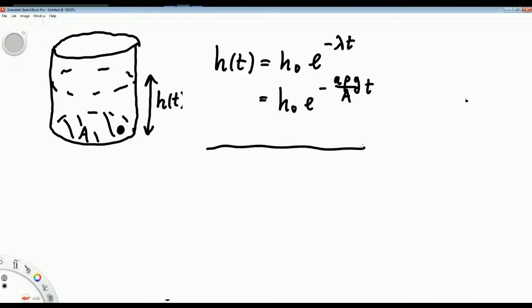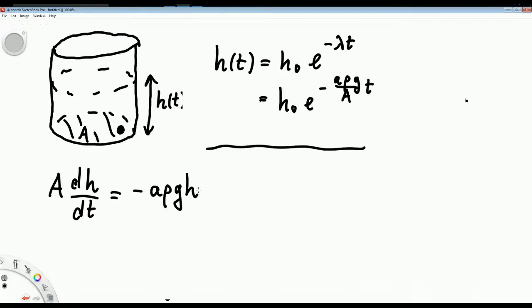Originally we had this differential equation, A dh by dt was equal just to minus A rho g h.